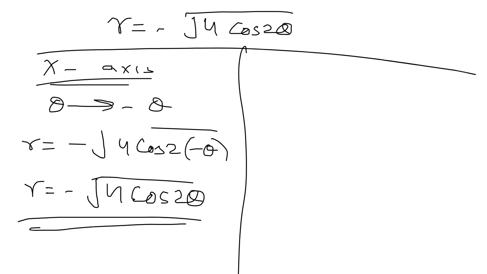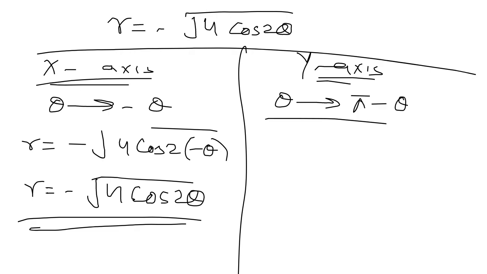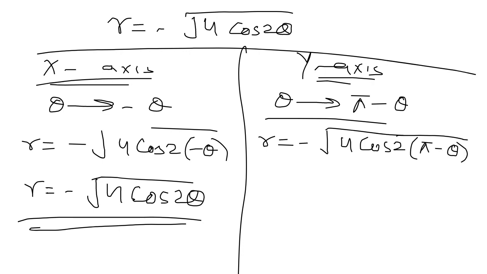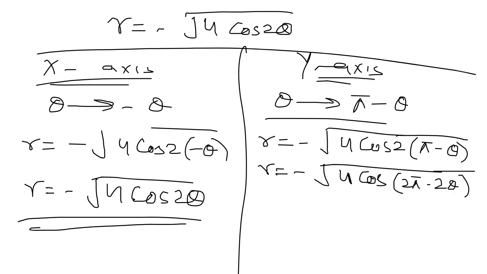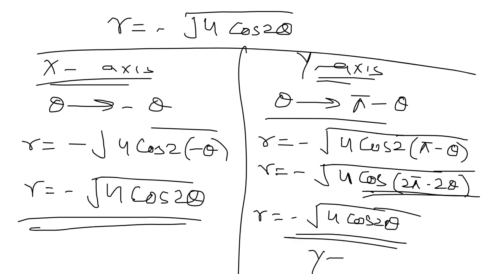Similarly for y-axis, theta should be replaced with pi minus theta. So r is equal to minus 4 into cosine of 2 into pi minus theta, so you can write minus 4 into cosine of 2 pi minus 2 theta. We already calculated this, so this is equal to 4 into cosine of 2 theta. So this is similar, so also y-axis.